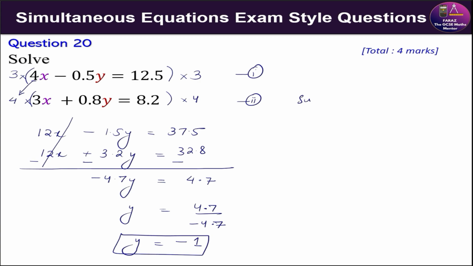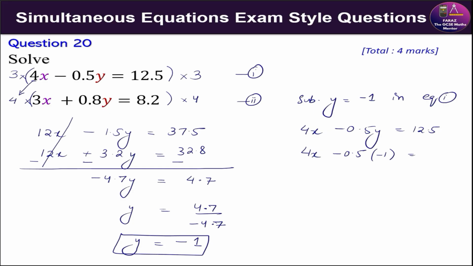Now you can substitute this value of y in any of the above equations. Substitute y equals minus 1, let's say in equation number 1. So equation number 1 is 4x minus 0.5y equals 12.5. You can use the original form of the equation and substitute the value of y there, which is negative 1. So 4x minus 0.5 times minus 1, it will give you plus 0.5 equals 12.5.